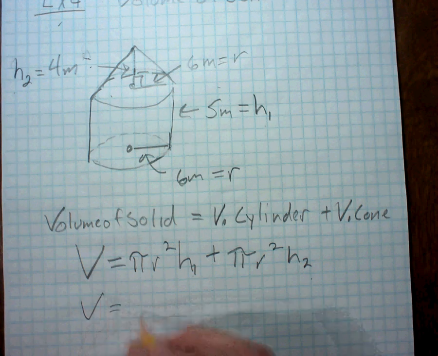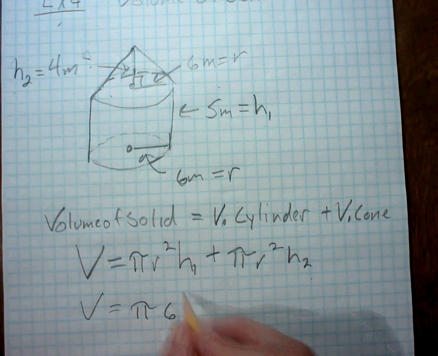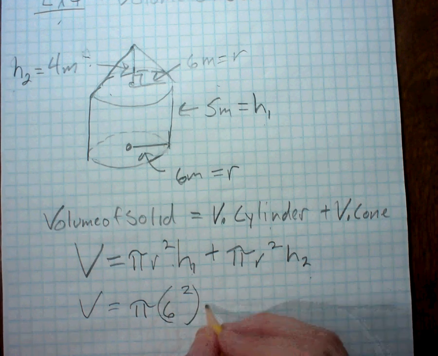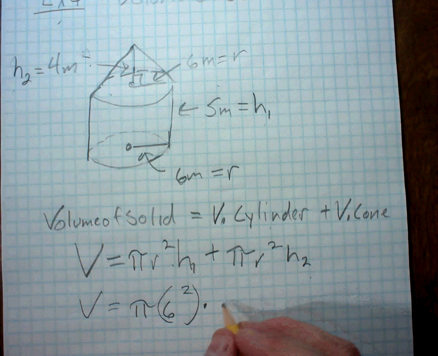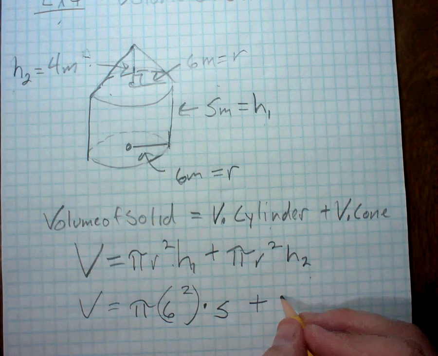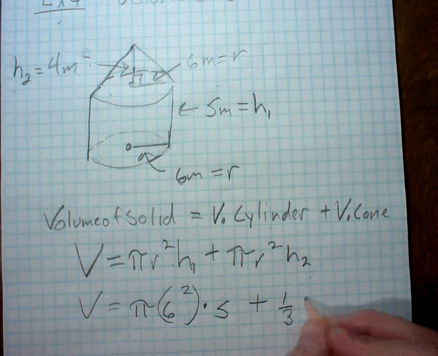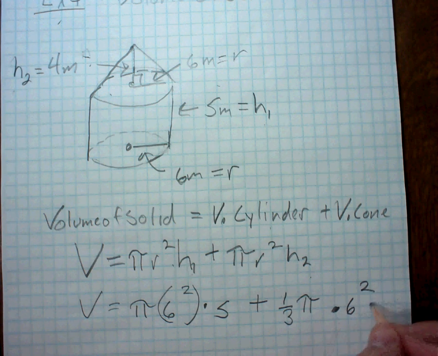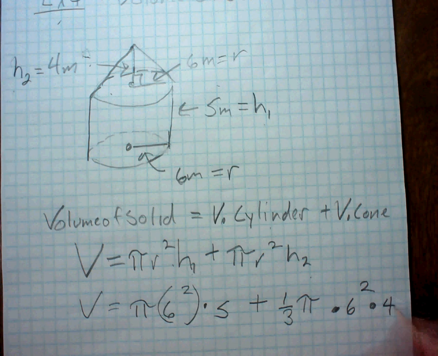So I'm going to have pi times 6 squared, this is the cylinder, times the height, which is 5. We're going to take all that and add it to 1/3 times pi times 6 squared, because the radius is the same, times the height of the cone, which is 4.